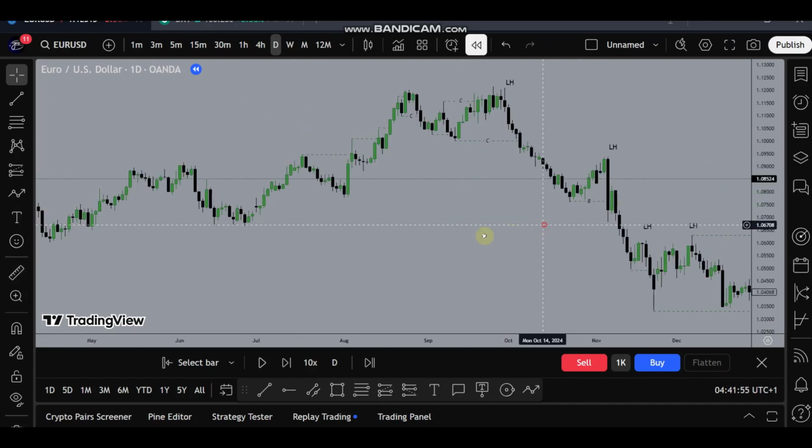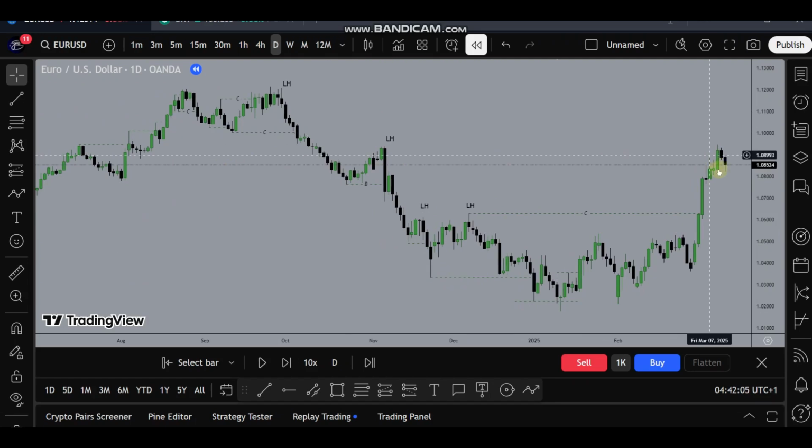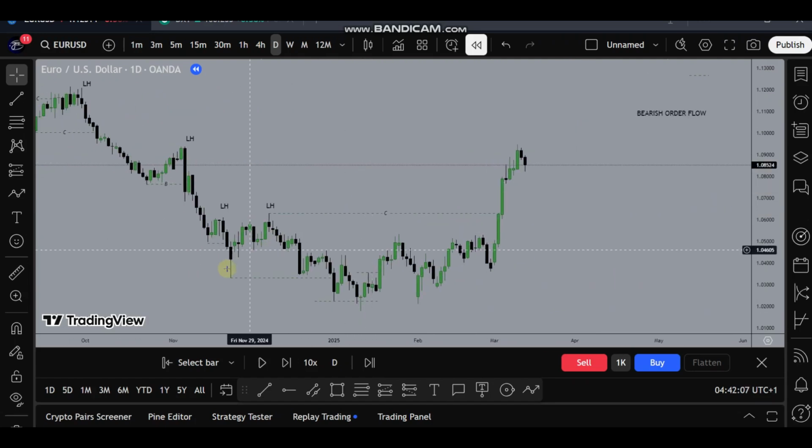Till next time, I'll talk about the difference between market structure shift and change of character. But the keyword here is when price makes a low, until price breaks that low, that's when we have a break of structure. Like here, there is a break of structure.